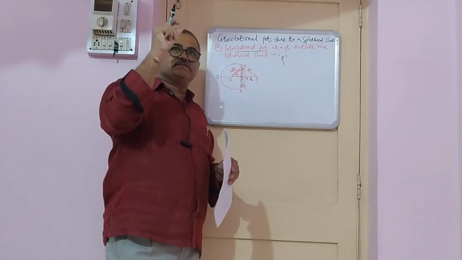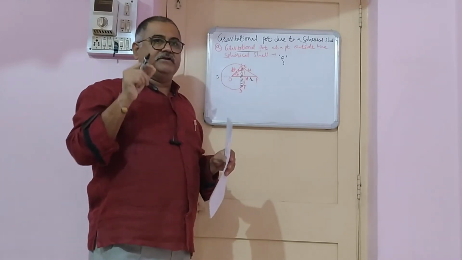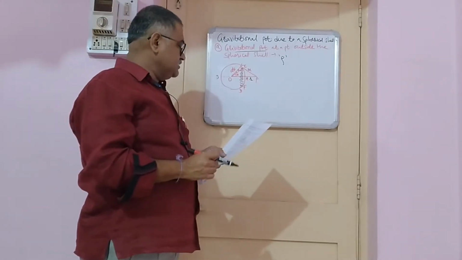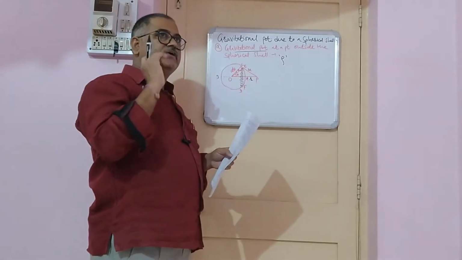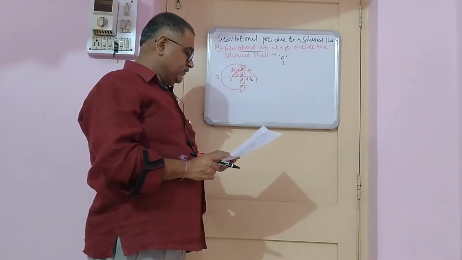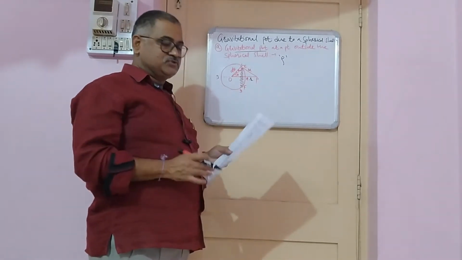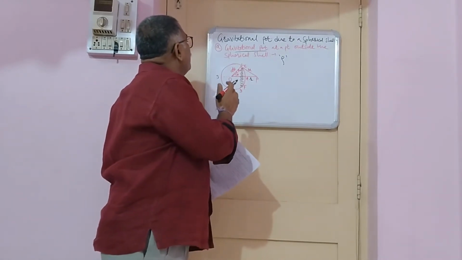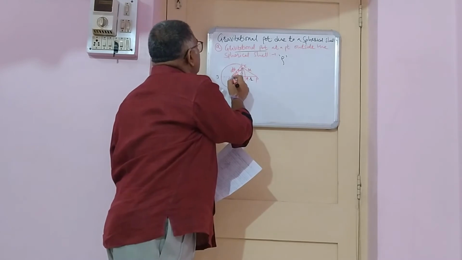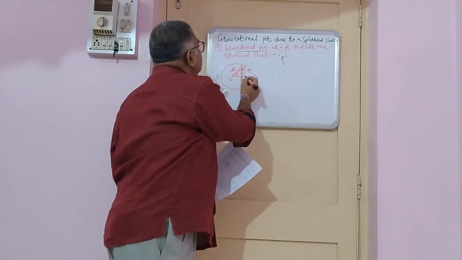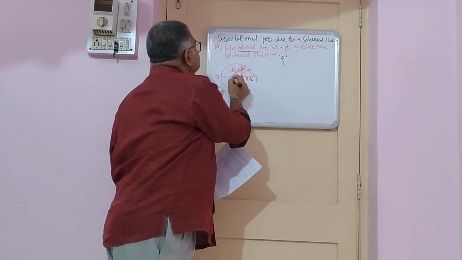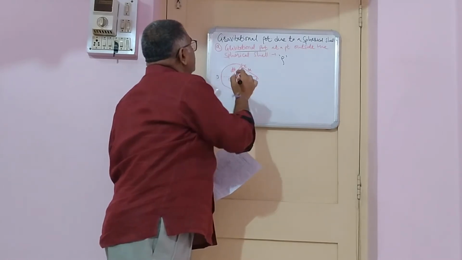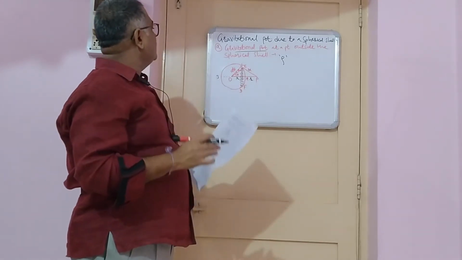CEFD is a slice we have cut, and it is in the form of a ring, by two planes which are close to each other and perpendicular to radius OA. This OA, this much distance, we can denote as capital R.